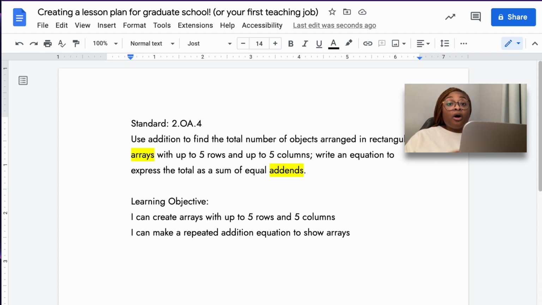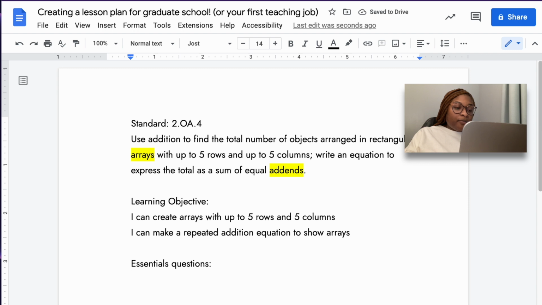You can also put this in terms of what equations will they be able to solve based on their learning. So, for instance, this lesson, I'm just going to write essential questions.